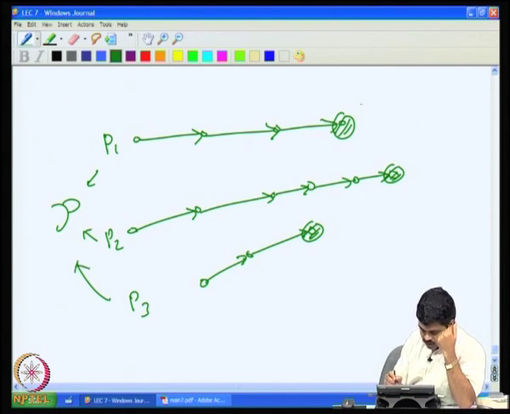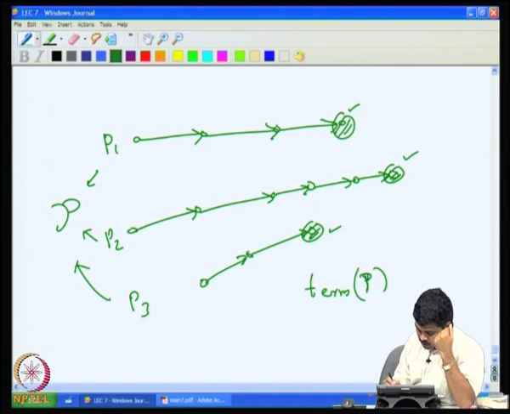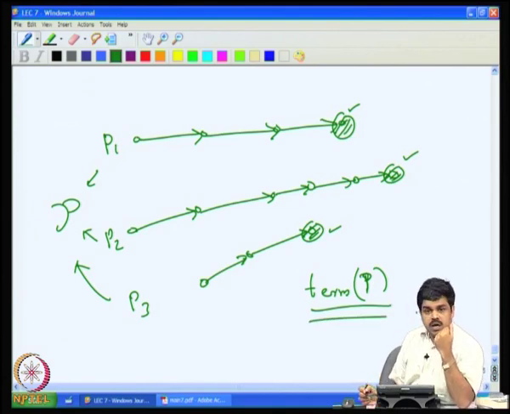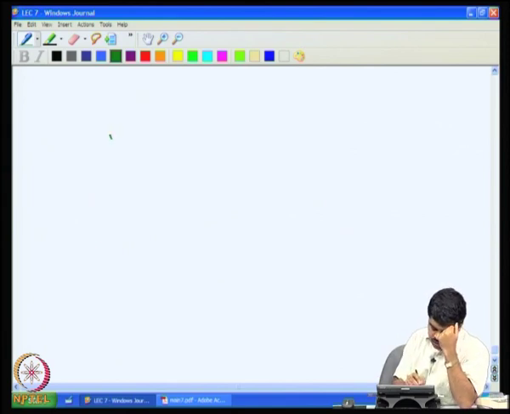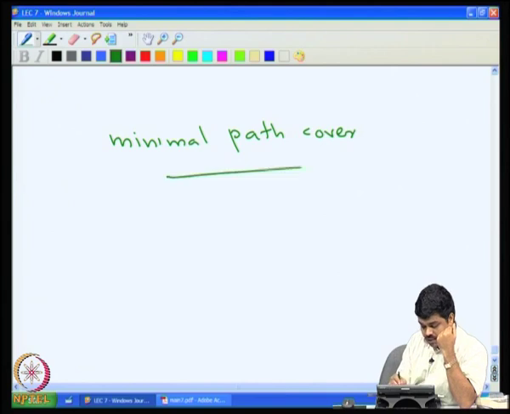These vertices, this set, is called term of P, that is the terminal vertices of P. That means we pick up the end vertices of each path from P, and that set is called term of P. And now we define a concept of minimal path cover.